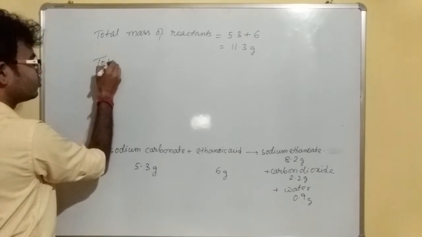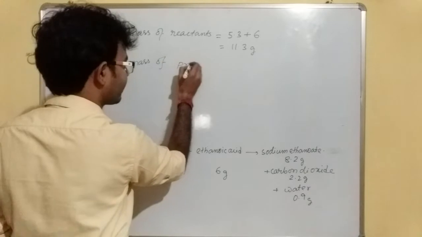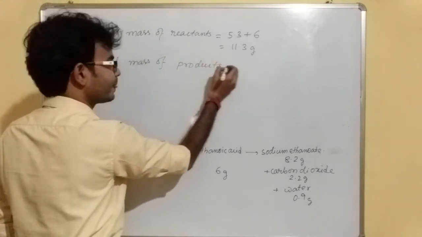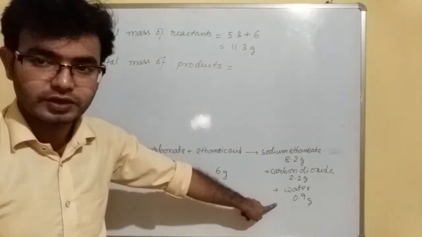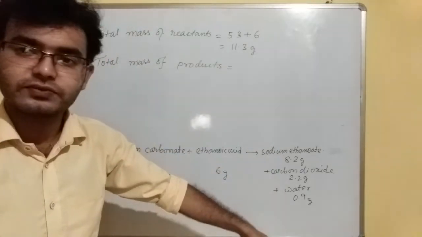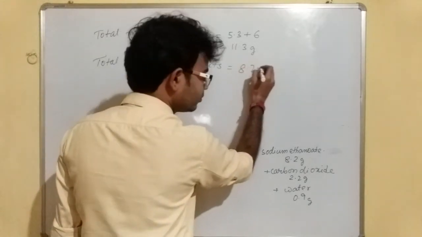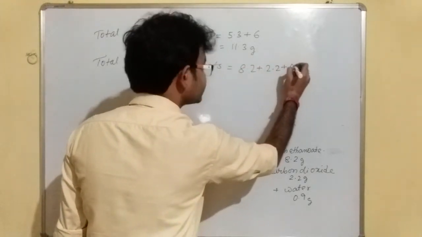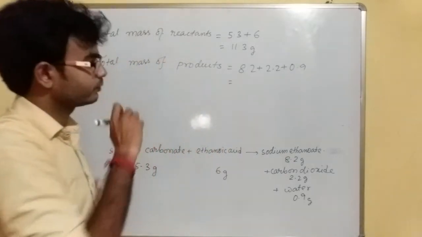Next, total mass of products: 8.2 plus 2.2 plus 0.9. Now if we add this, what will we get?